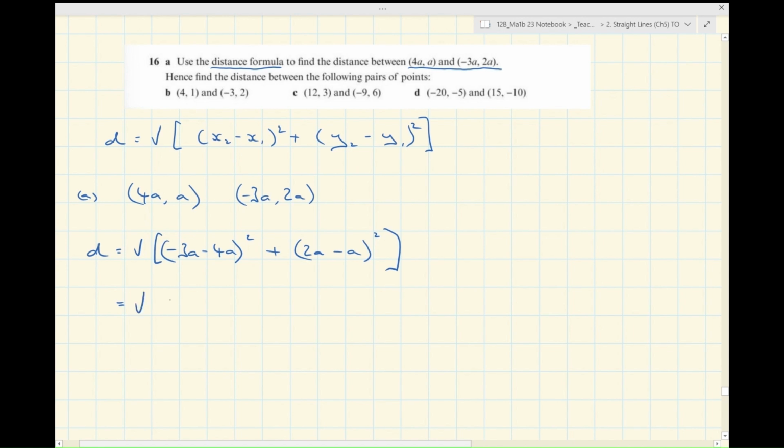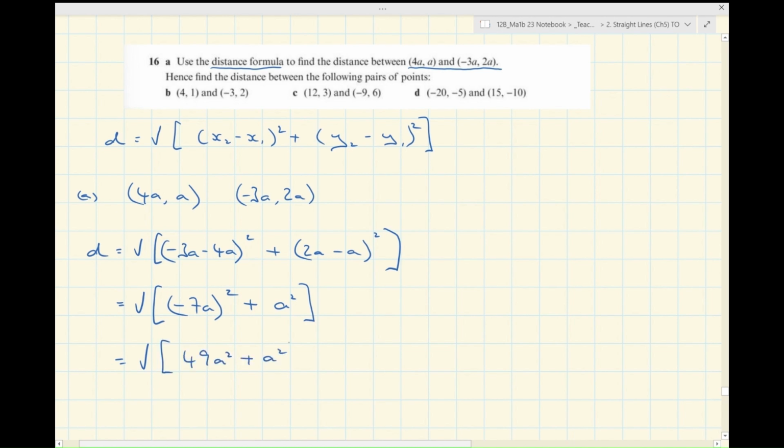Let's see what that gives me. That is going to be the square root of minus 7A squared plus A squared, which is the square root of, well, minus 7A squared is 49A squared plus A squared.